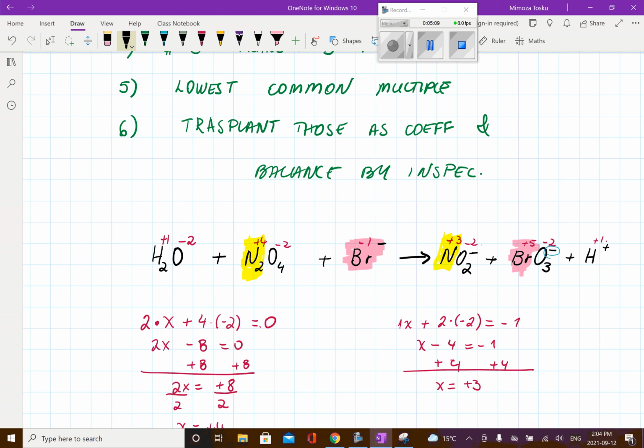Okay, so what that means is that nitrogen is gaining 1 electron, and bromine is losing 6 electrons.